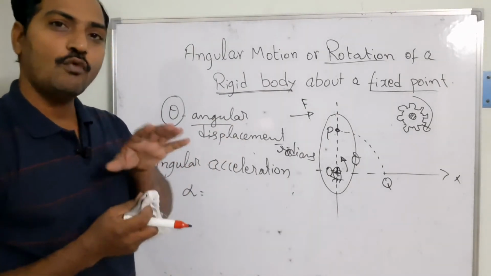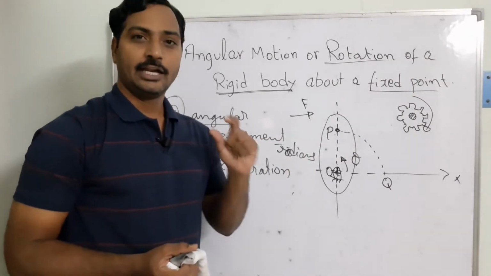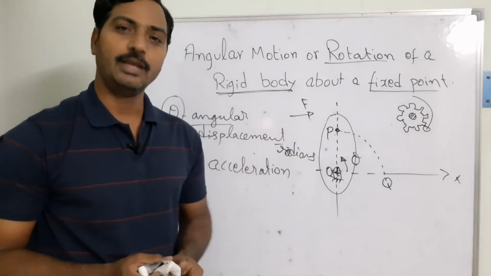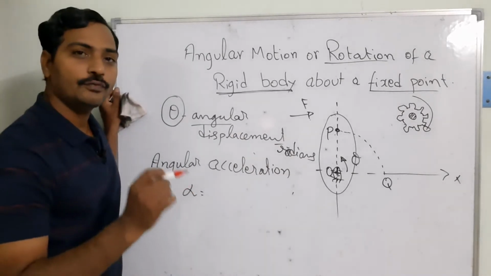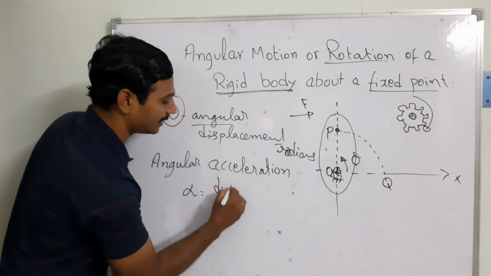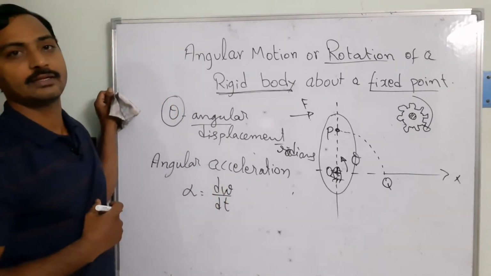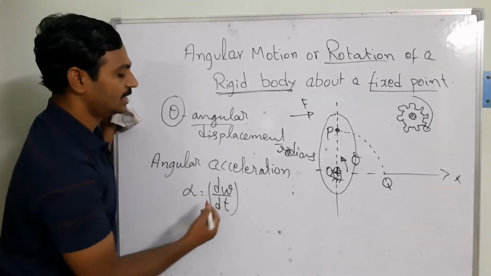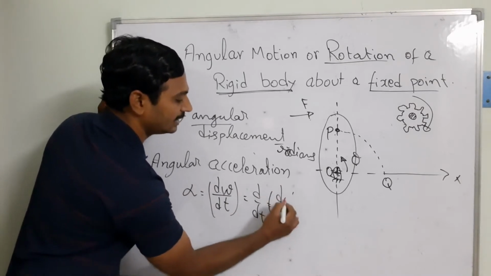If a particle is moving in a horizontal, linear direction, then that object will have linear velocity and linear acceleration, which we consider. So now alpha is equal to, what is the formula? The rate of change of angular velocity, that is d omega by dt. So this is d omega by dt, and d omega by dt is d by dt into d theta by dt.